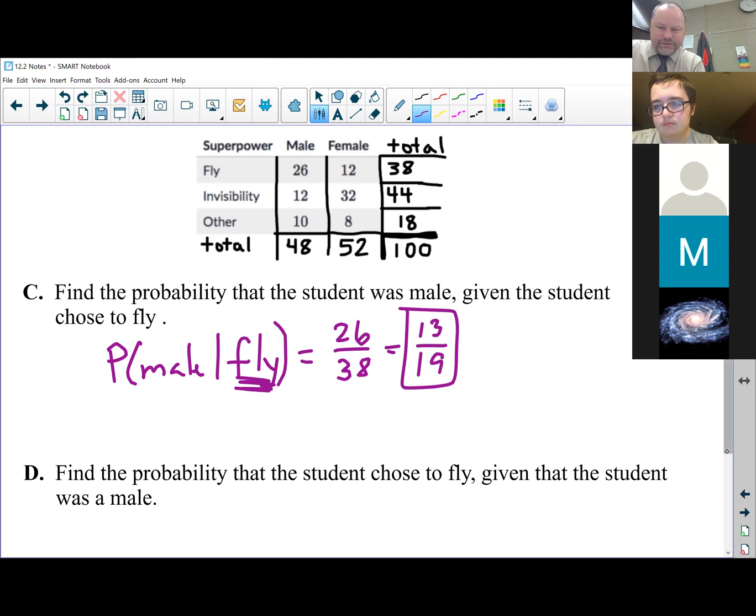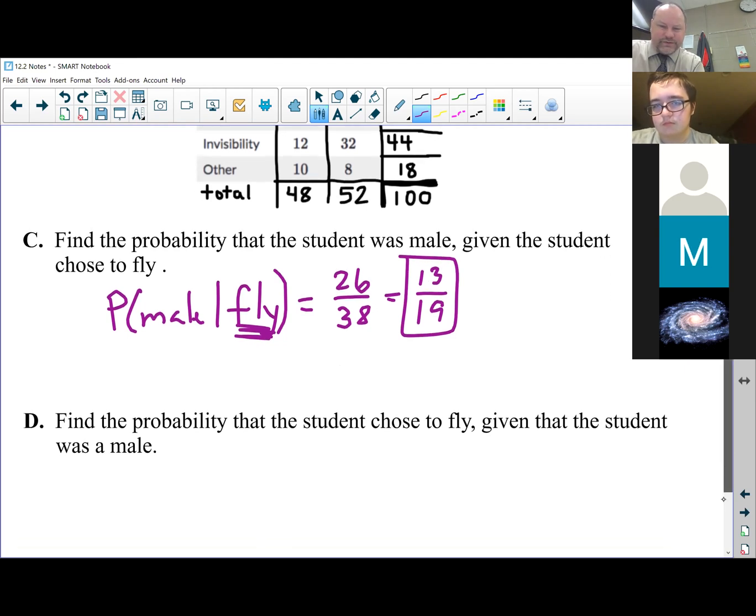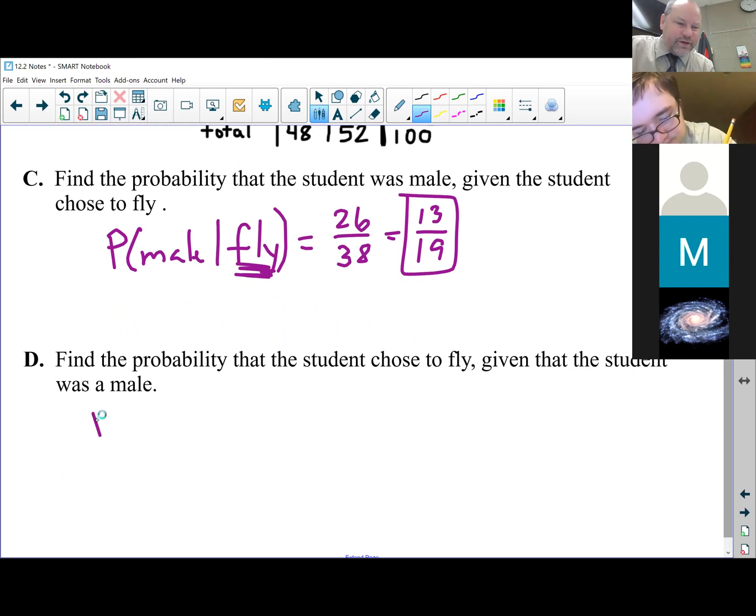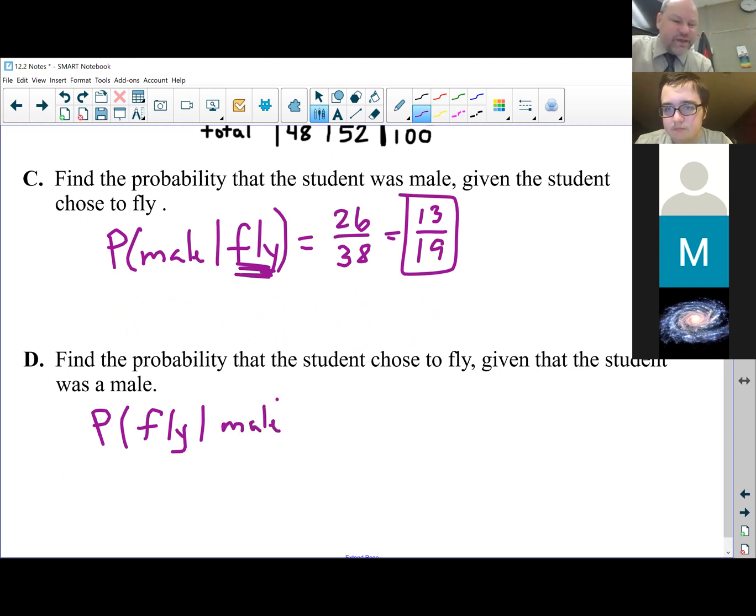All right. Find the probability, and I'll move the page back up here in just a second, that the student chose to fly given that the student selected was male. I'm going to give you a hint. It's not 13 over 19.